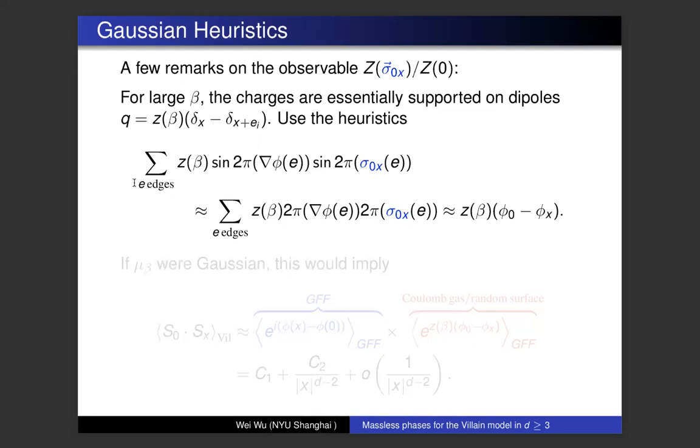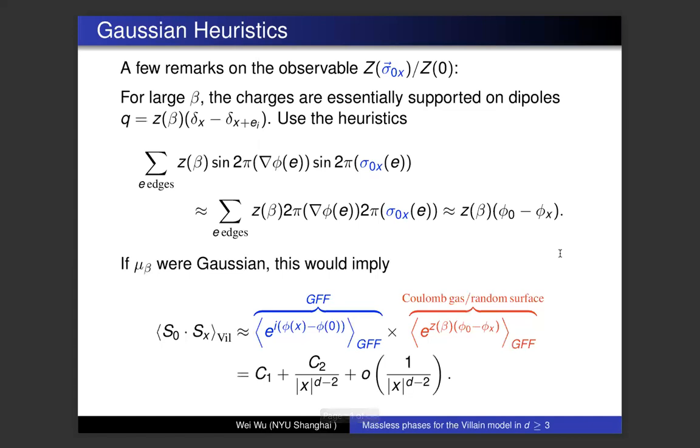It becomes a sum of gradients. And if you further simplify by assuming that sine grad phi looks like grad phi, then you can rewrite the whole summation as phi 0 minus phi x.